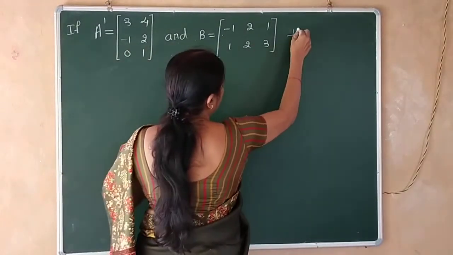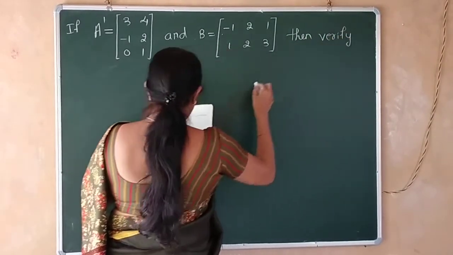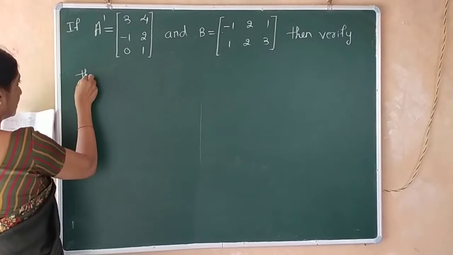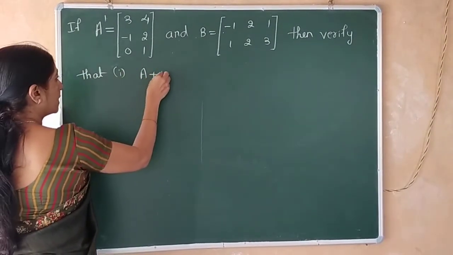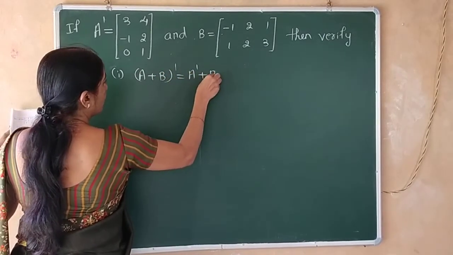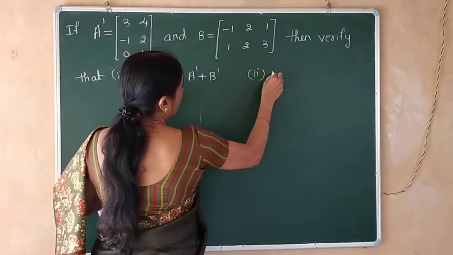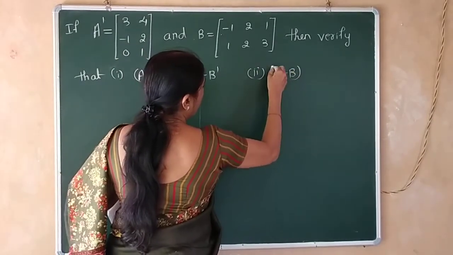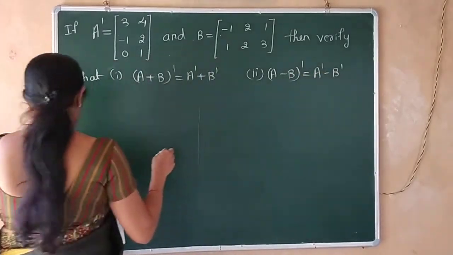Then verify that first one, A plus B whole transpose is A transpose plus B transpose, and the second one, A minus B whole transpose is A transpose minus B transpose.